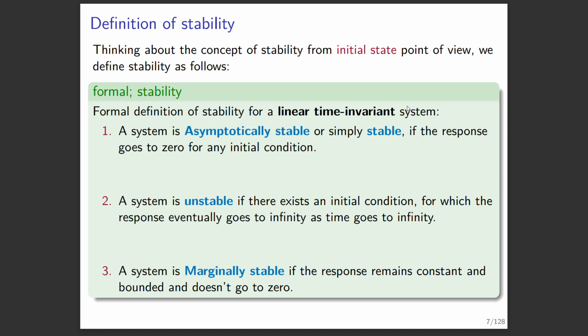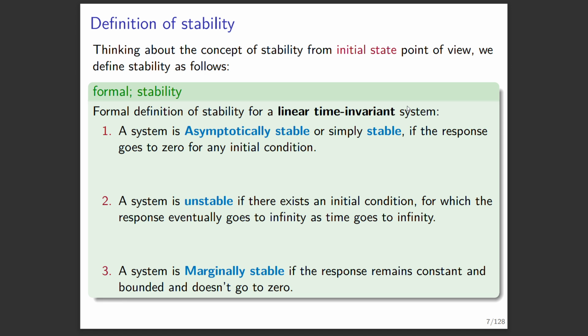So yes, it is possible that we have a system that is stable based on one definition, and it's not stable based on the other definition. For linear systems, which is what we discuss here in this course, these two definitions match. So if a system is stable from the initial state point of view, which is what you are seeing right now, then it is stable from input-output point of view too.